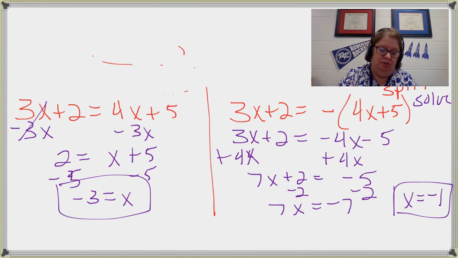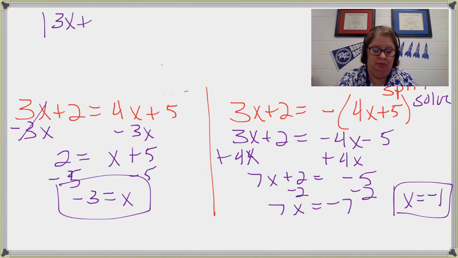Erase this. My original equation was absolute value of 3x plus 2 equals 4x plus 5.